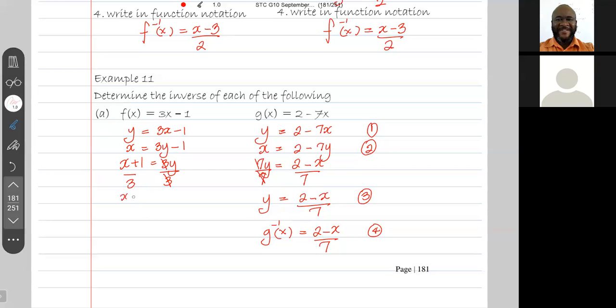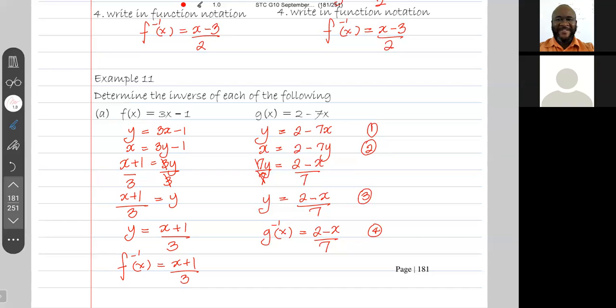So I have x plus 1 over 3 is equal to y. Turn it around, we have y is equal to x plus 1 over 3. And the last step is to take out y and say f inverse of x is equal to x plus 1 over 3. All right.